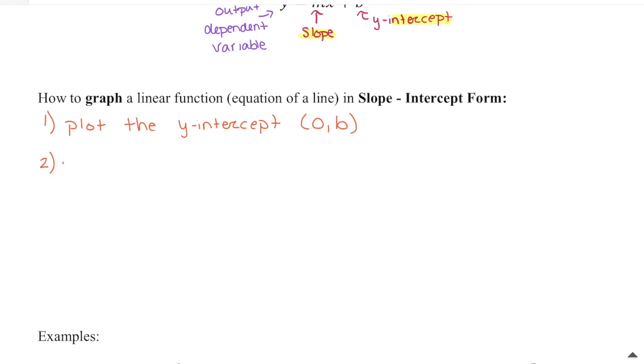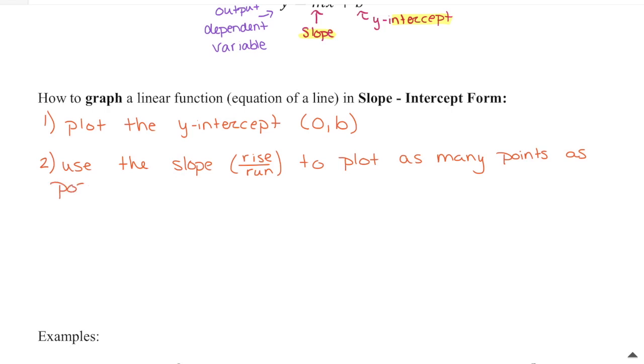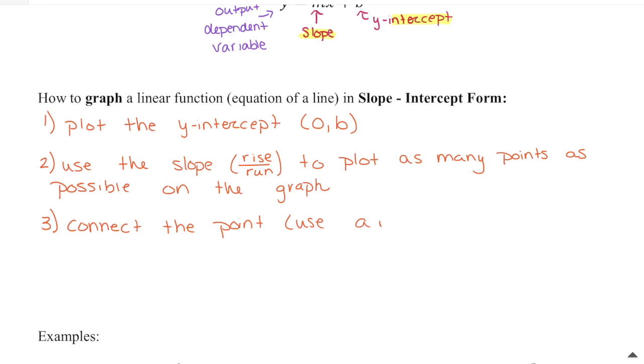The second thing you're going to do is use the slope, rise over run, to plot as many points as possible on your graph. Three, connect the points. Use a ruler, please. We have them in the class, just don't break them.